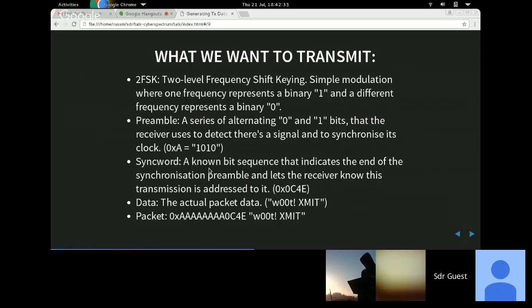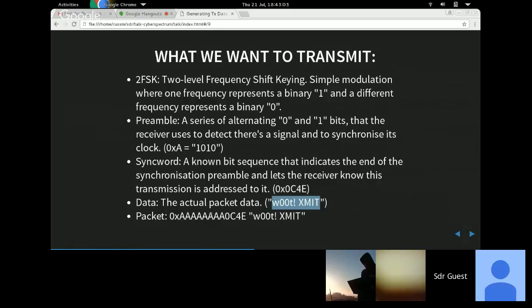Then a synchronization word, effectively an address, which is used both for the receiver to go, this transmission is for me, and also so that it can detect the end of the preamble and the start of the actual data. In this example, the sync word is 0x0C4E, and then the actual data packet, which I'm using an ASCII string, transmit.